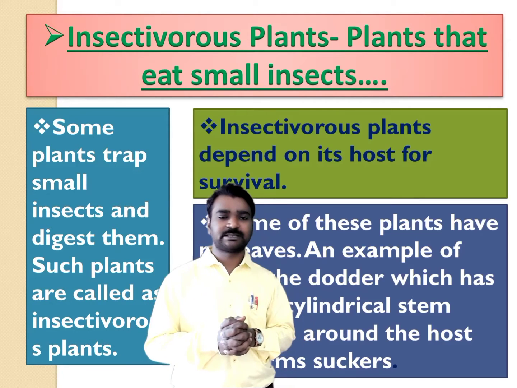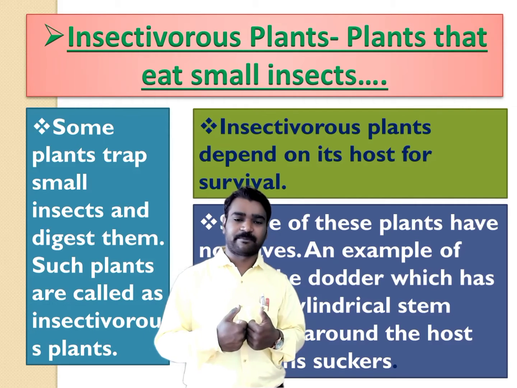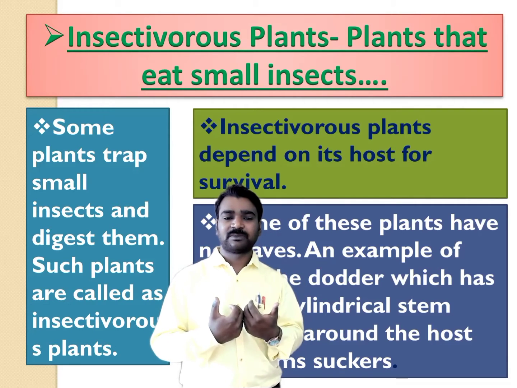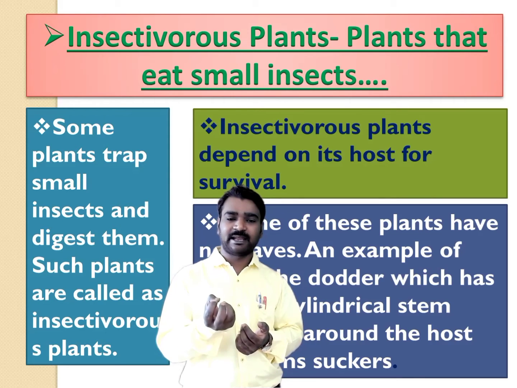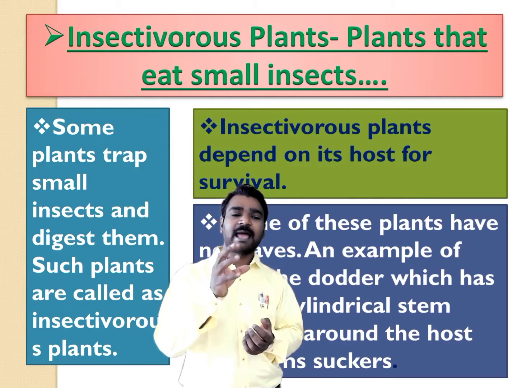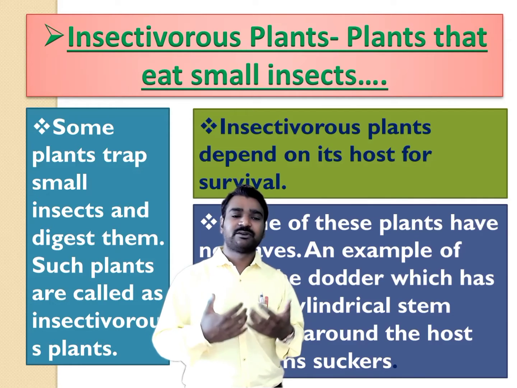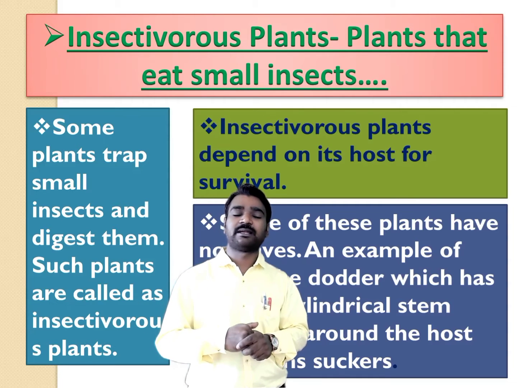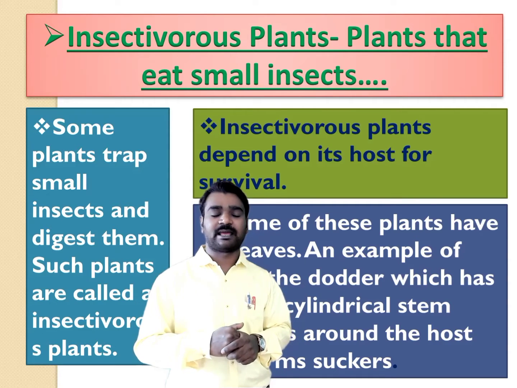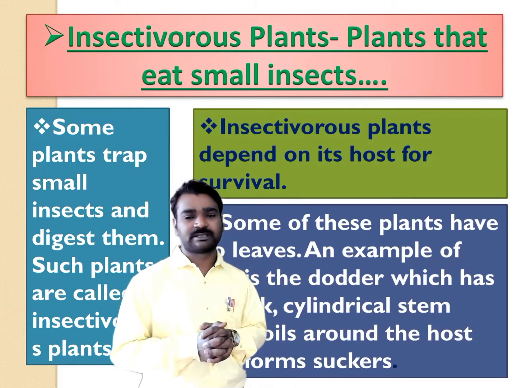My dear students, some plants trap small insects and digest them. They attract the insects towards them, and when the insect gets attracted, they trap it and digest it. Such plants which trap small insects and digest them are called insectivorous plants, and as I said, they can also be called carnivorous plants.